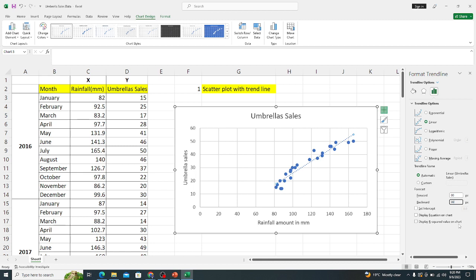How is our model performance? So in that case, I'll just check display equation on the chart, and also display r squared value, okay.